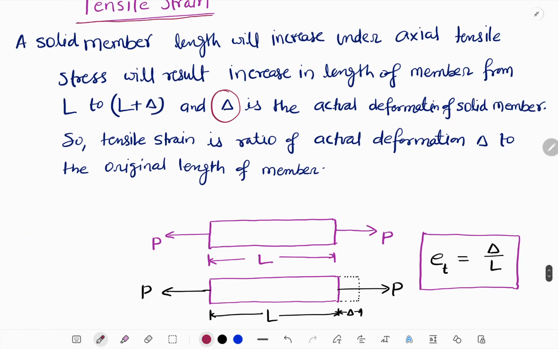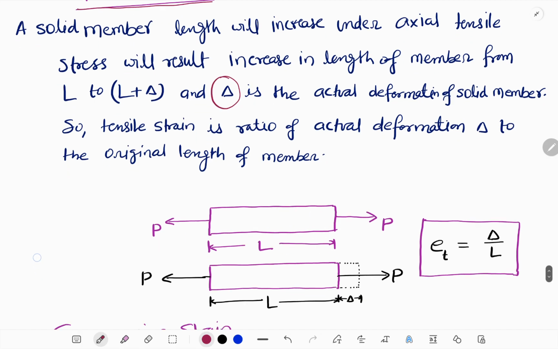The tensile strain is the ratio of the actual deformation delta to the original length of the member.